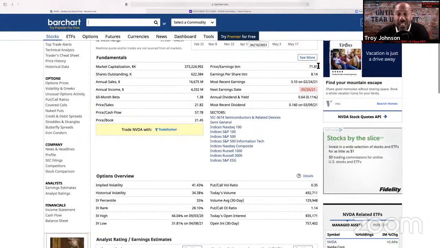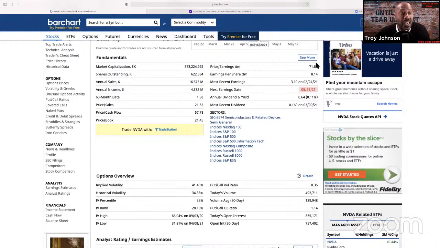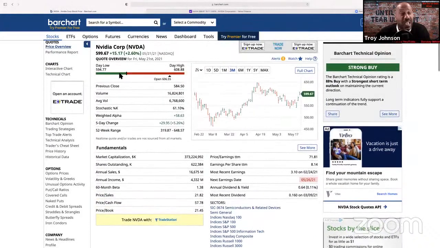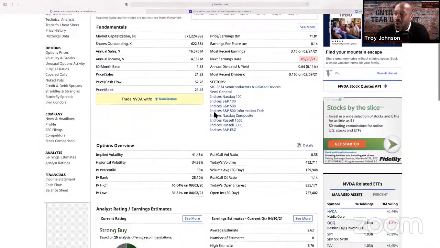Essentially, if your company is growing 77% and your PE ratio is 77, you actually are okay, because people are willing to pay the growth rate times its earnings to come up with an equitable share price. So I just wanted to show that.